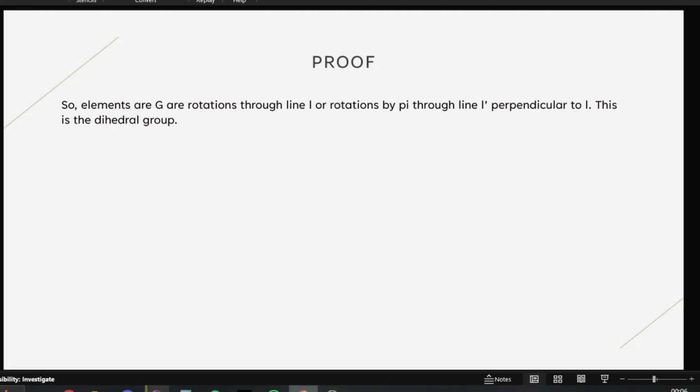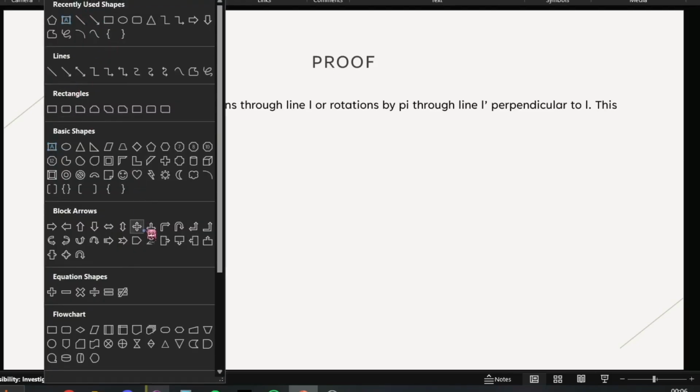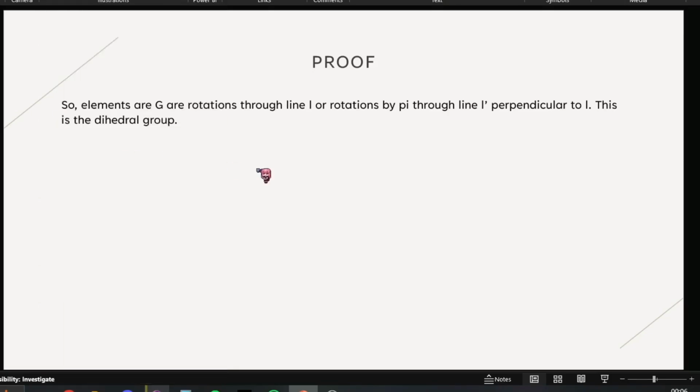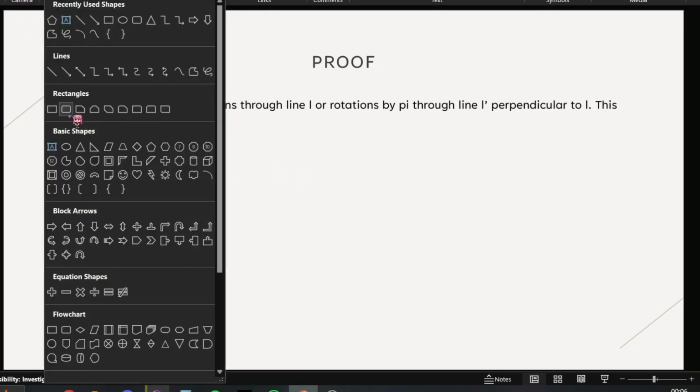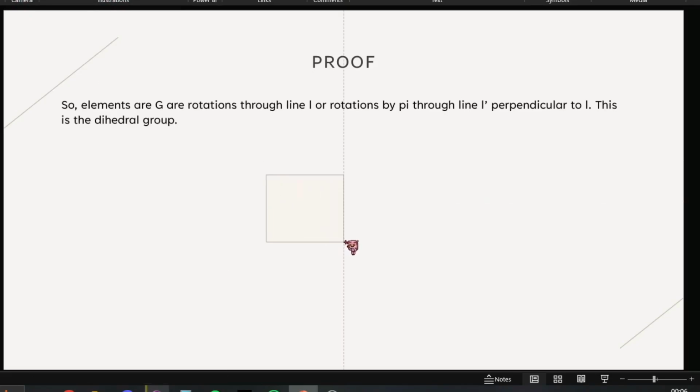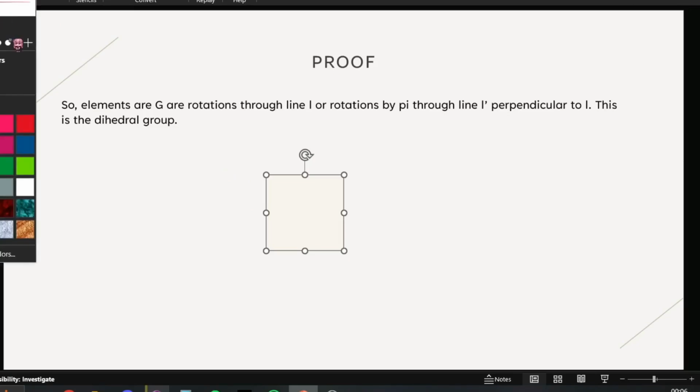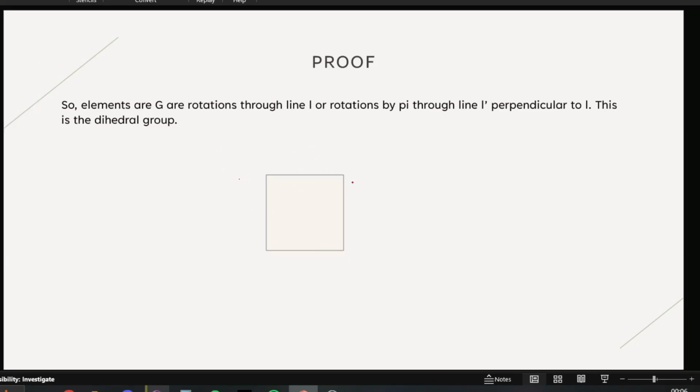So if we have the square, we have two operations. For the cyclic group, we had one operation. So here we have two operations. So for fixing the poles, we have this.